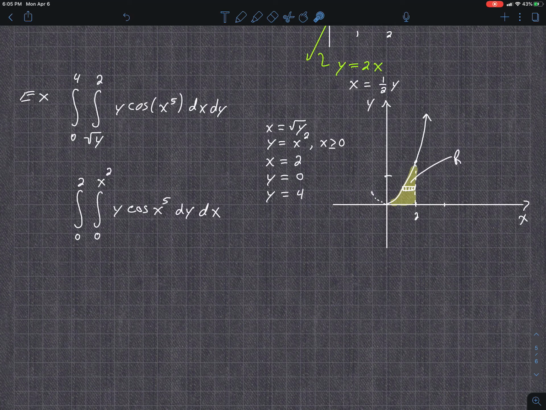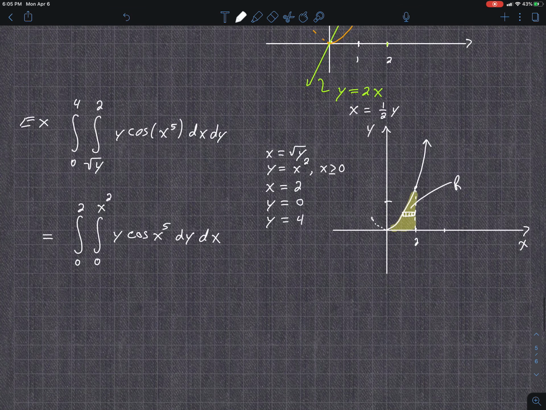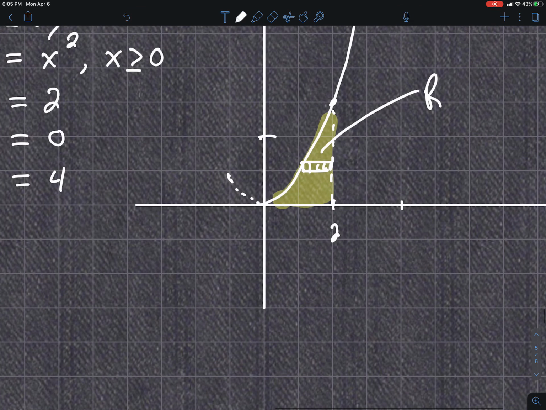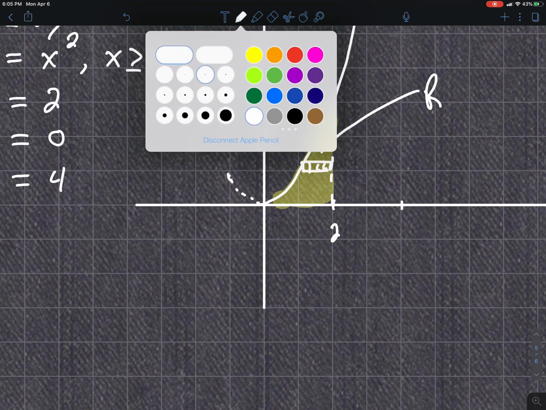You'd have to do a reduction formula on that to figure it out. So what you can do instead is change the limits of integration. You can swap them. If you swap them, you don't use these values. You should go to the graph itself over here and figure out your limits.